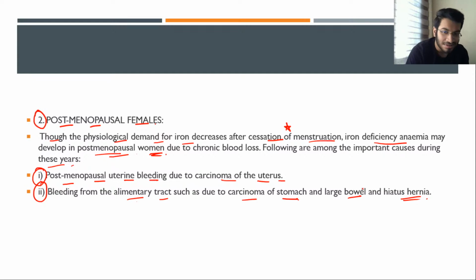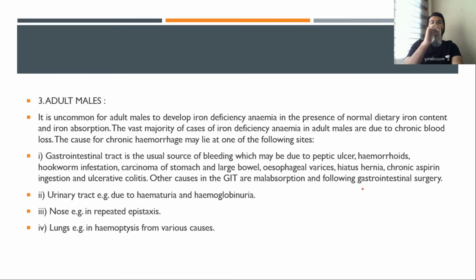So these are all the causes of chronic bleeding, and this chronic bleeding will lead to iron deficiency anemia because daily iron is lost and daily RBCs are also lost. The reutilization is also not possible, plus the patient is not taking iron and daily blood loss is there, so iron deficiency anemia takes place here.